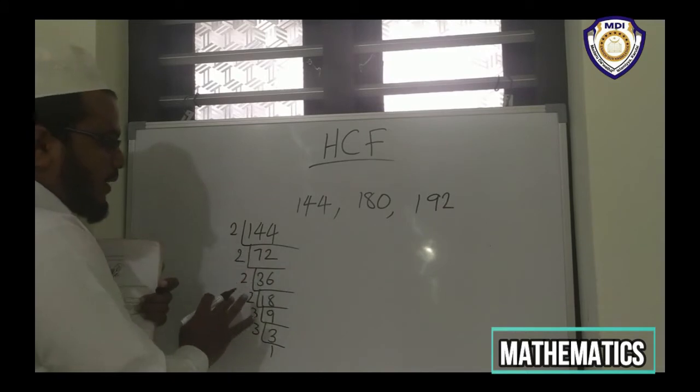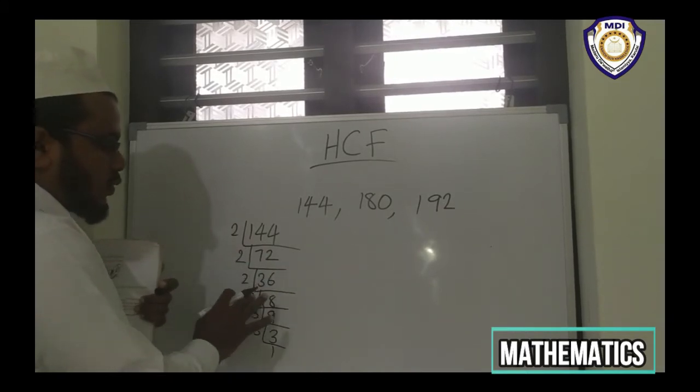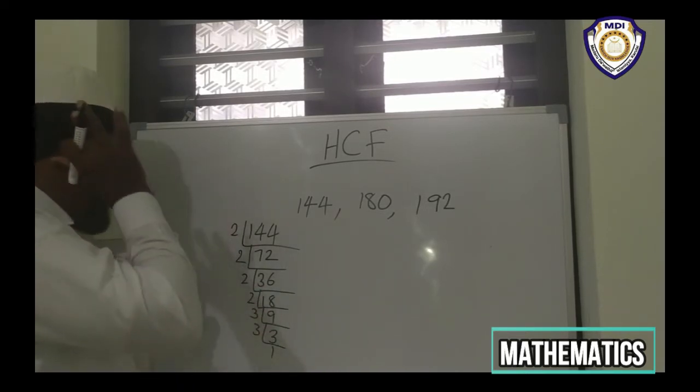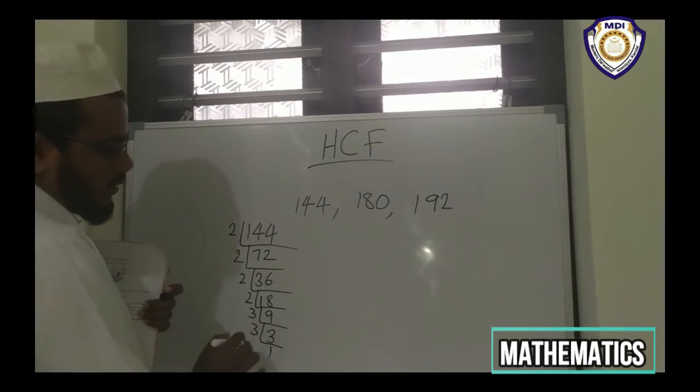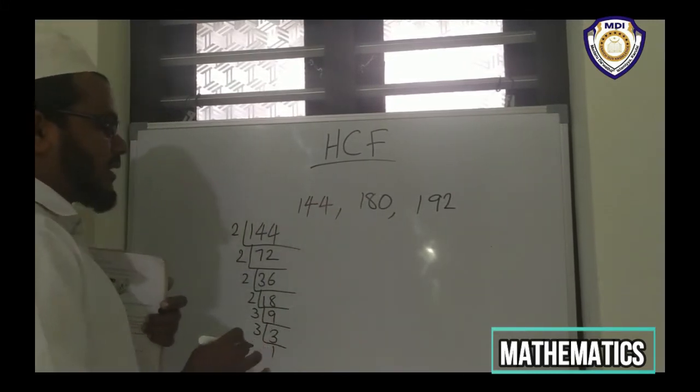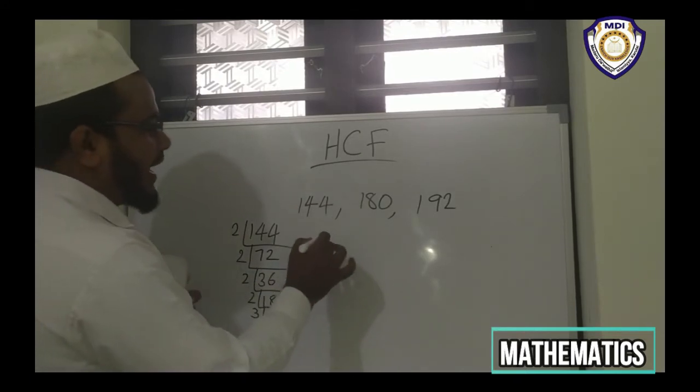Then 72, divided by 2, 36, divided by 2, 18, divided by 2, 9. 9 cannot be divided by 2, so we select 3. Then 3, 3. Did you understand? Next we have to find the prime factors of 180.